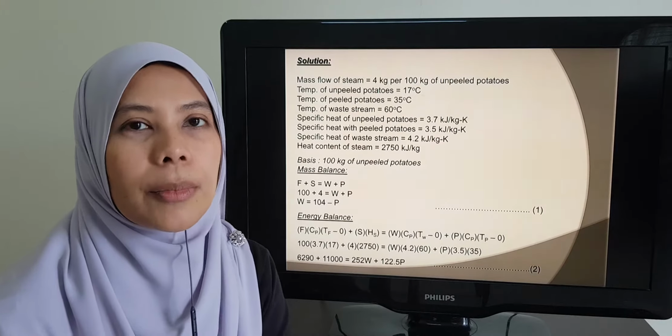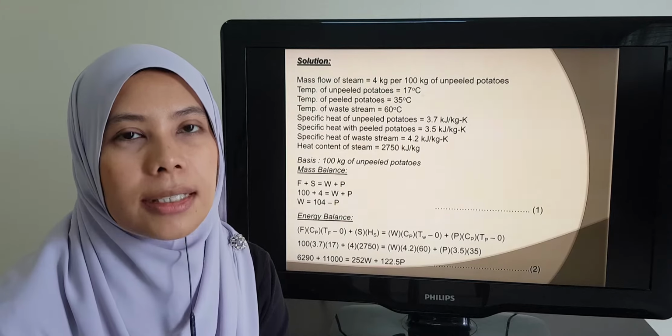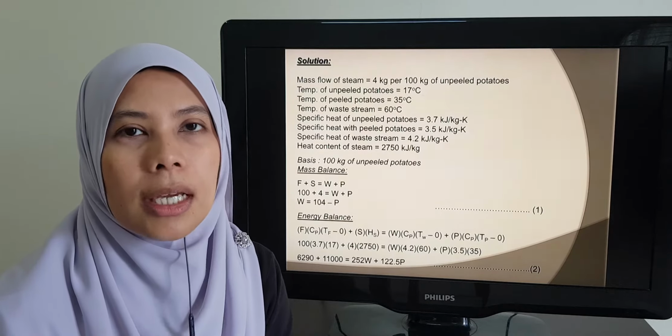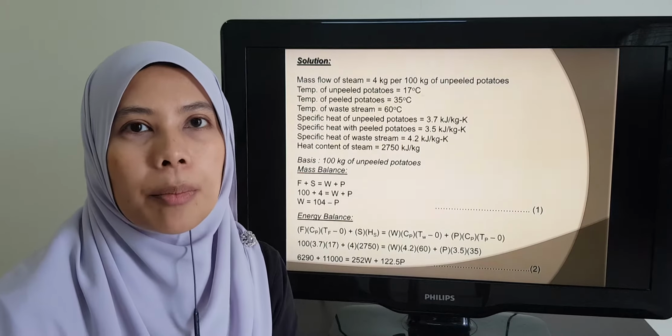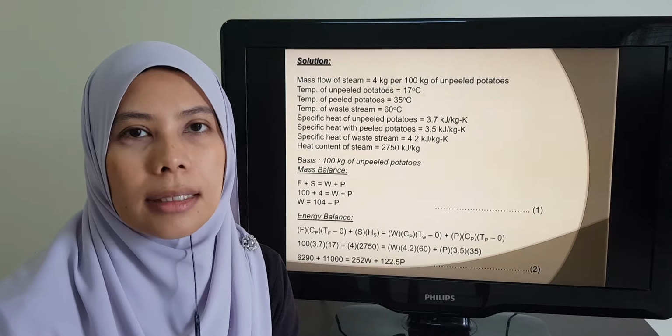Why is that? Because we take 0 degrees Celsius as the reference temperature. Remember, I mentioned earlier that the value of a temperature difference in degrees Celsius and Kelvin is the same.